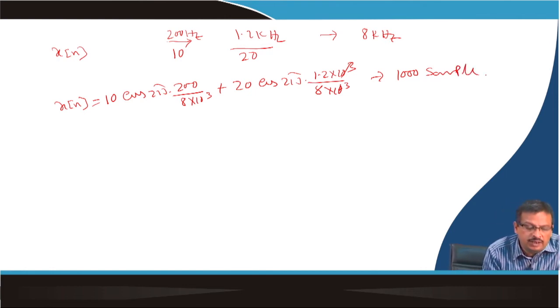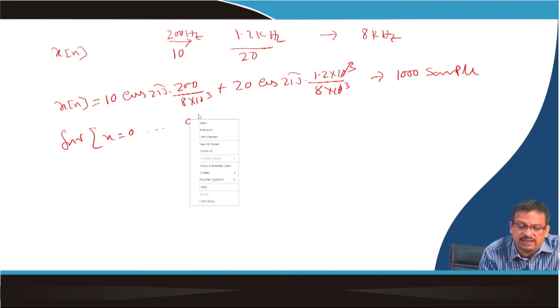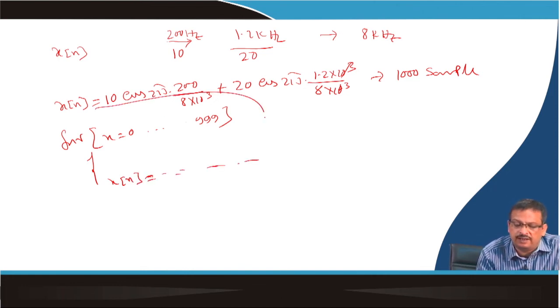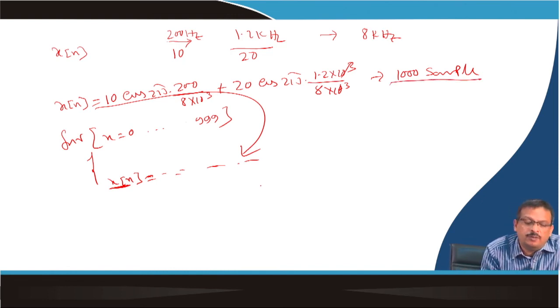How do you generate? You write a for loop for n equal to 0 to 1000 minus 1, so 999. Compute x of n, you can write this function directly. So now x of n is an array which contains the 1000 samples of this signal.